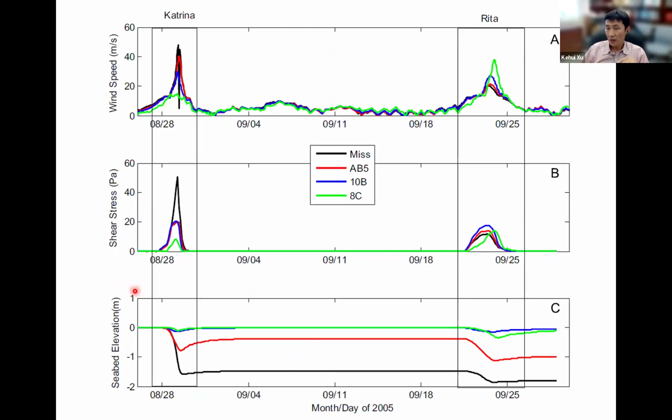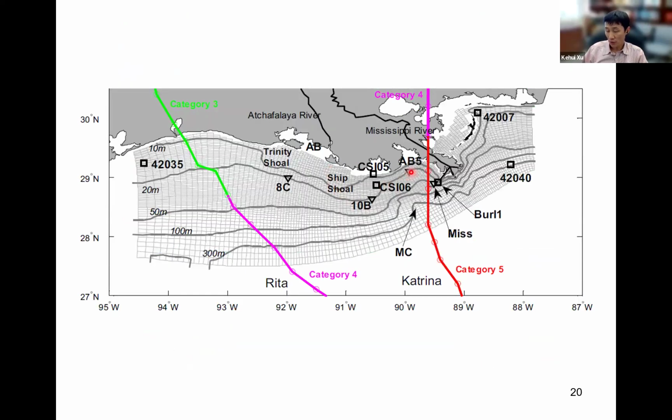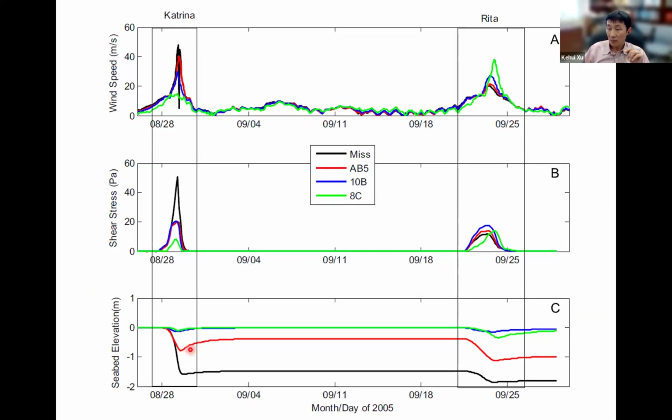Yeah, so if we look at this seabed elevation plot, this is definitely from Katrina, and this is from Rita, right? And very often after the event, for example at AB5, which is red, over here in the inner shelf, you even see a little bit of slow deposition.